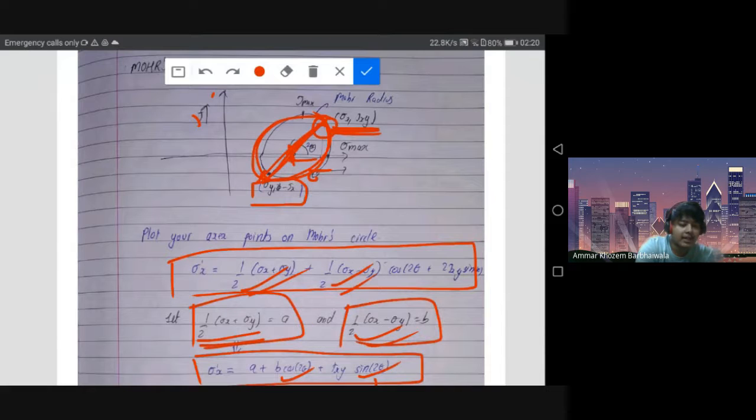For any theta, you can find the values at which the stress and strain would be: the sigma x prime and tau xy prime, using any point on this circle at any angle. This is our initial direction. At any angle theta, we can find the sigma and tau values using this Mohr circle method.